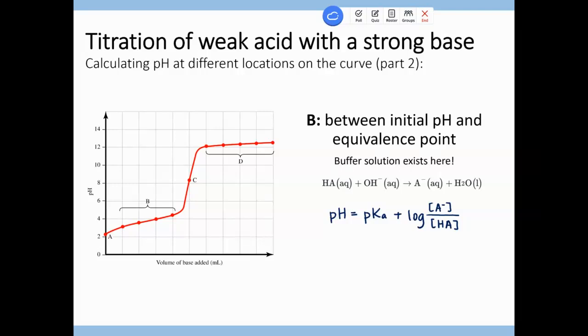Thinking in terms of the ICE table, HA reacting with OH minus, they react together, so we're going to decrease in concentration of those two and increase in concentration of A minus. Adding a strong base to solution, all of that base is going to react with the weak acid that's there.